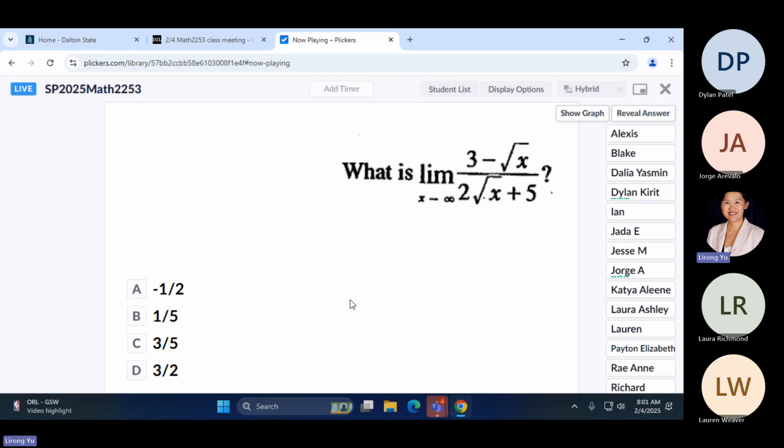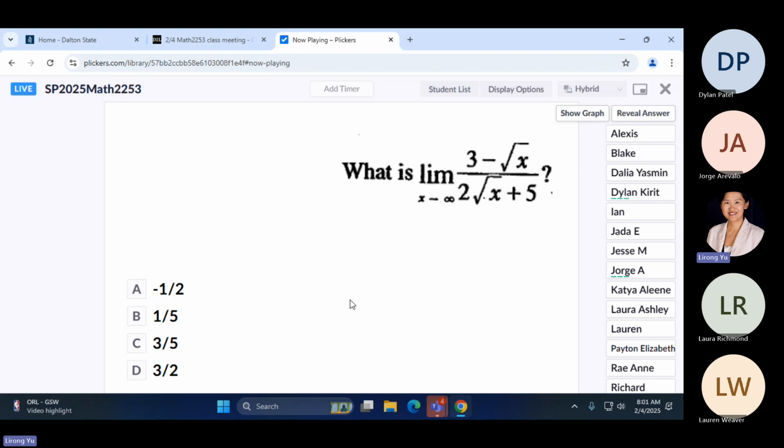So you can imagine if x is approaching infinity, of course, root of x will be approaching infinity. Basically the numerator has a negative sign in front of the root of x. This negative sign will not be affected by what is inside. So the value is going to be negative because of the negative sign on the outside. Remember, the sign before a term determines the sign of that number.